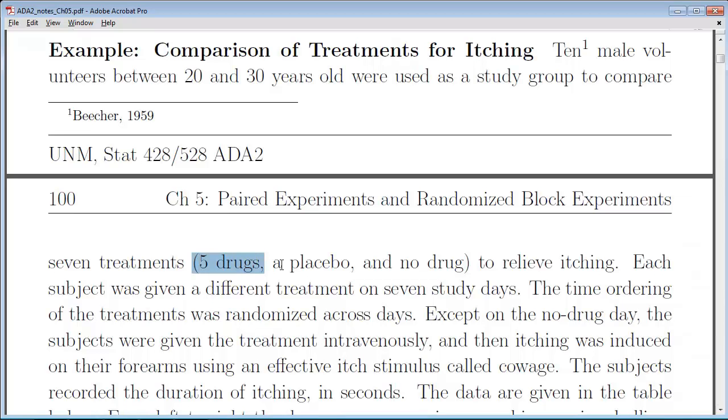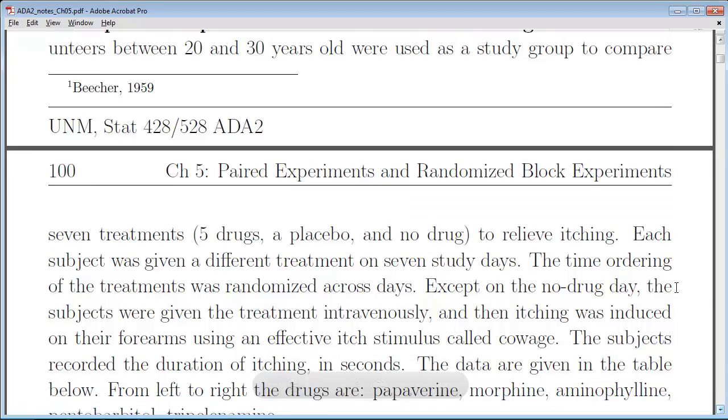So we've got 5 drugs, a placebo, and then a treatment which is no drug, to relieve itching. And this is basically torture. Each subject was given a different treatment on 7 study days. The time ordering of the treatments was randomized across days.